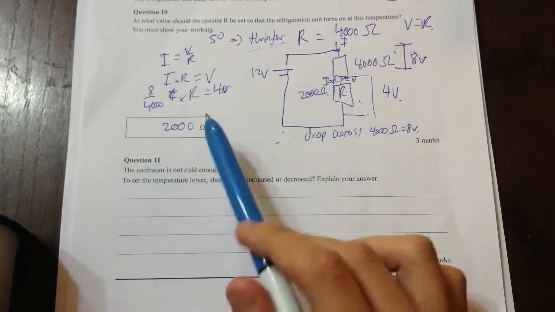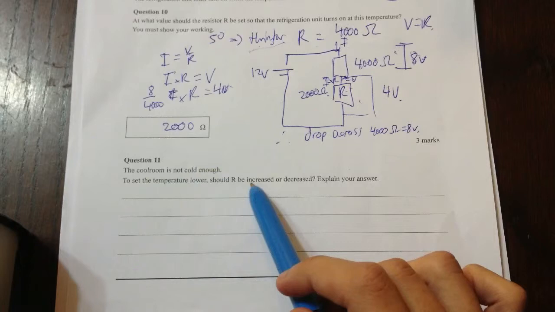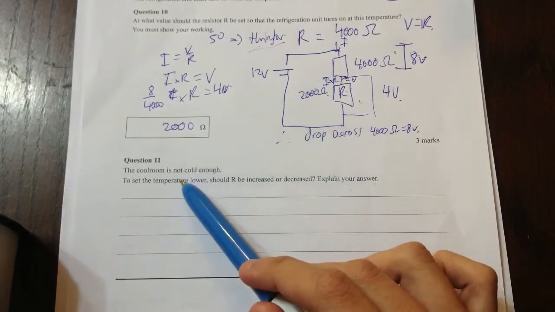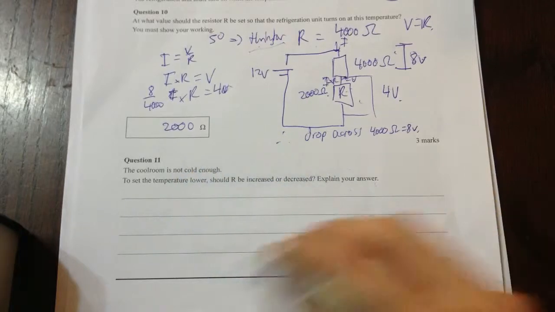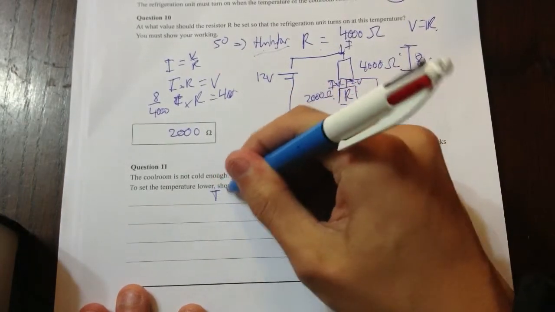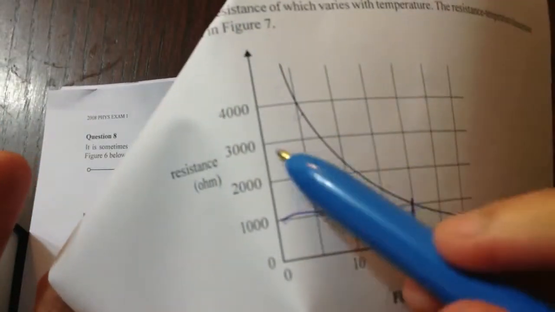Okay. 2,000 ohms. The cool room is not cold enough. To set the temperature lower, should R be increased or decreased? Explain your answer. Okay, if we want to set the temperature lower, we should see what setting the temperature lower actually means. So if temp is lower, then if we move the temperature lower, the resistance goes up.